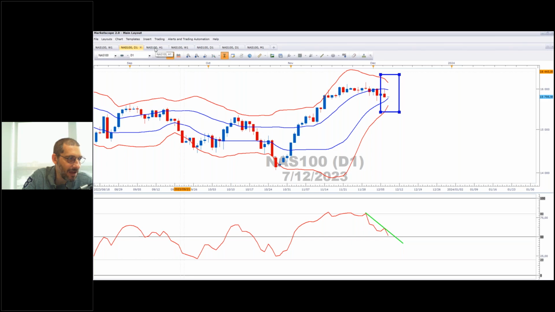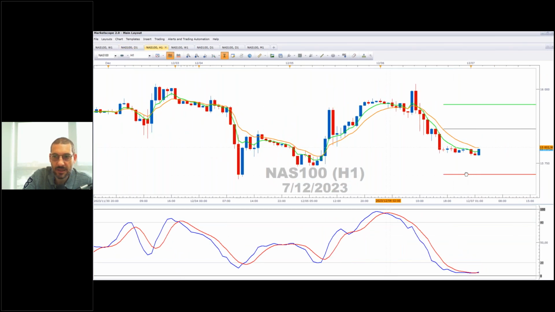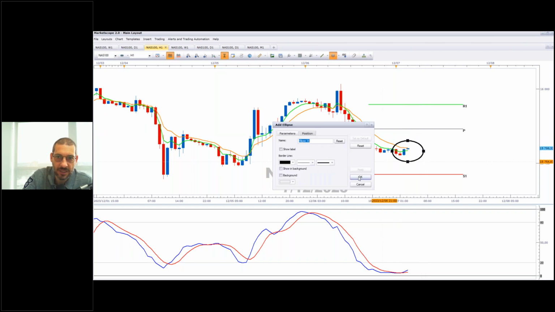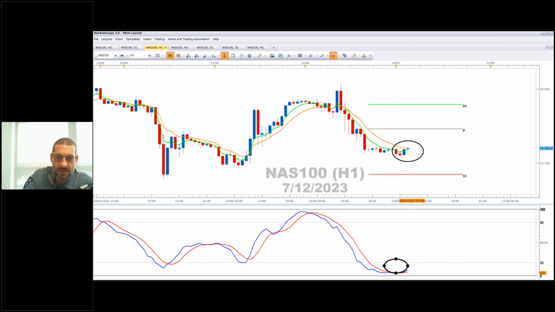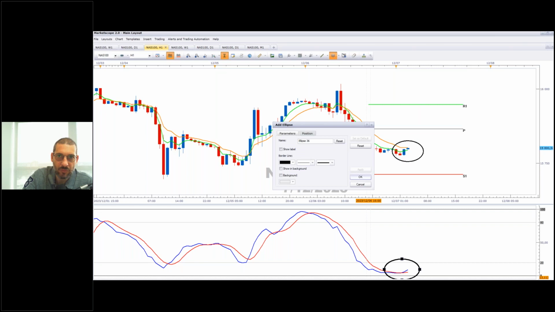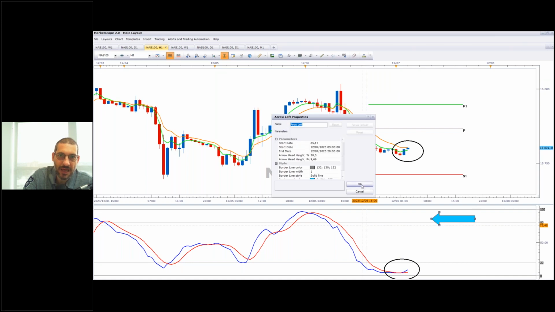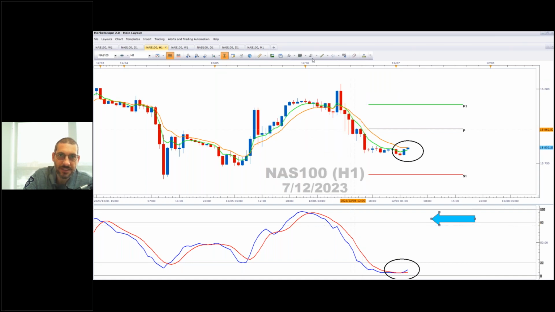Going through to the hourly chart, okay, we need to see the crossovers. Okay, so the crossover and the movement towards the upper quartile. And just keep an eye on this support level here. Let's just see if the support level is going to hold.